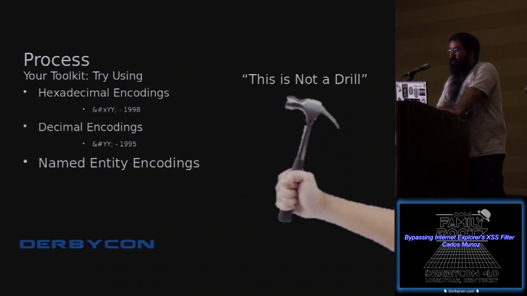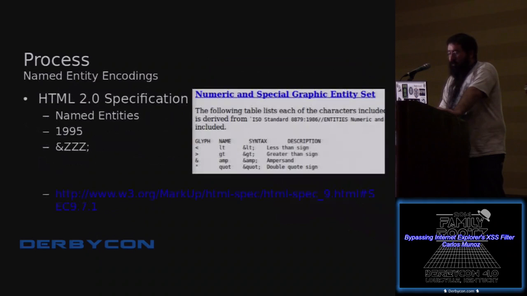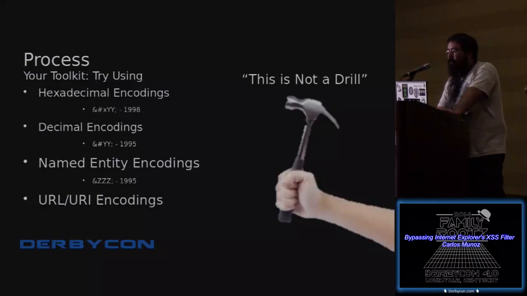Named entity encodings. So that's, again, part of the HTML 2.0 specification back in 1995, where it's an ampersand and then some letter reference to a character and a semicolon. And finally, just ordinary URL, URI encodings can also be used.